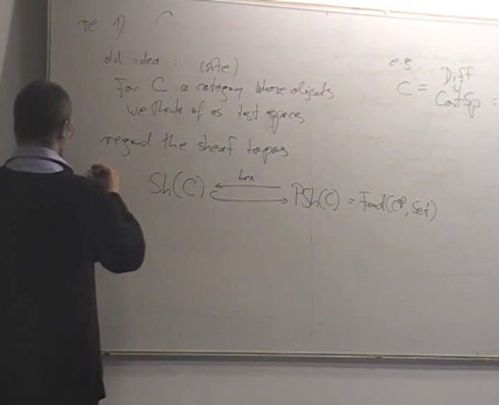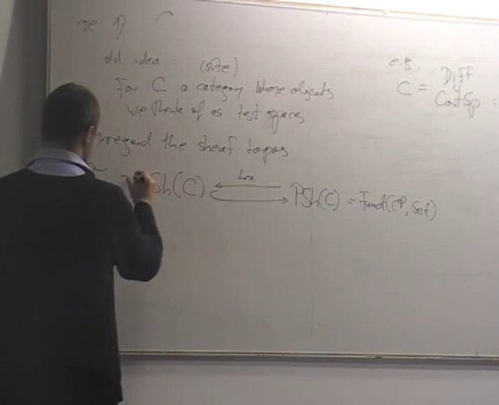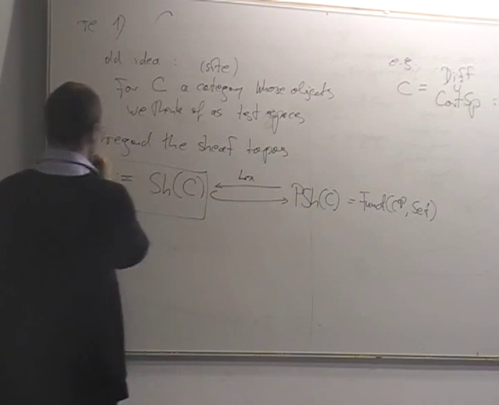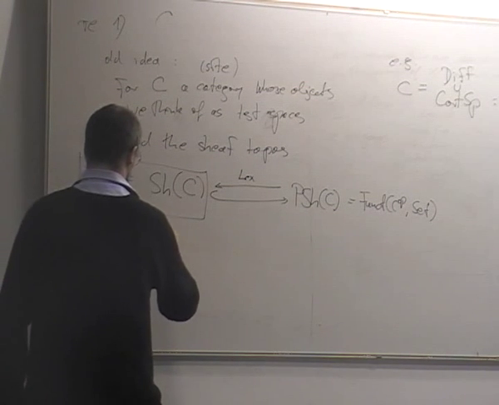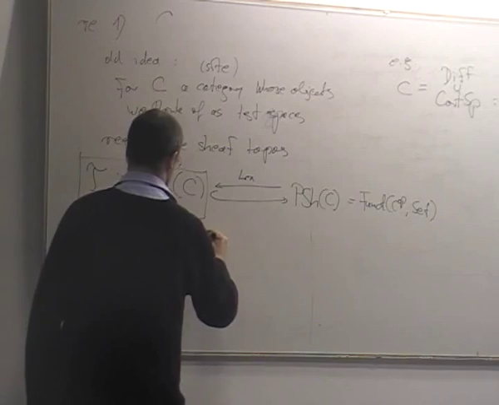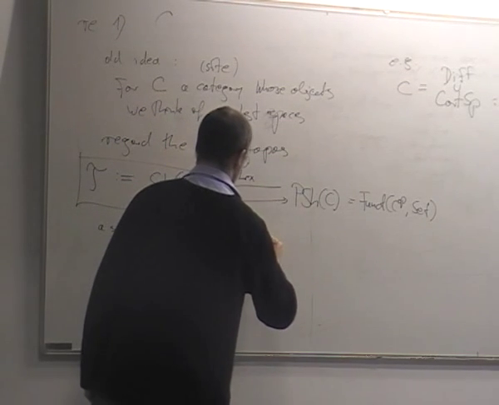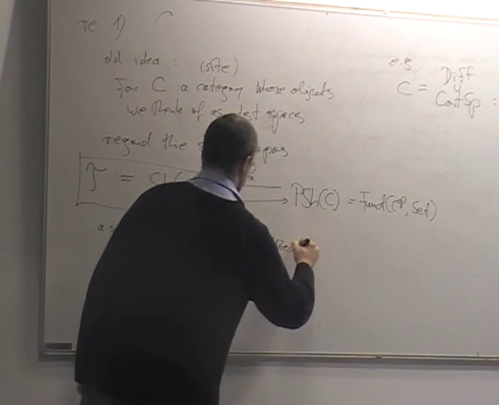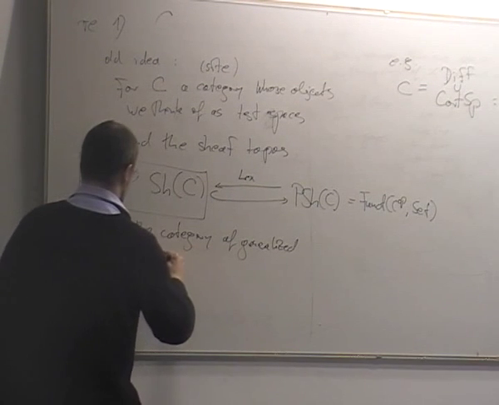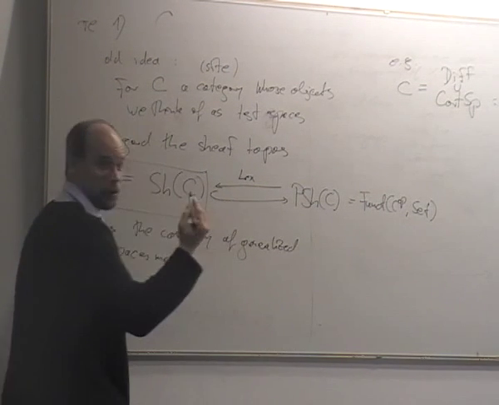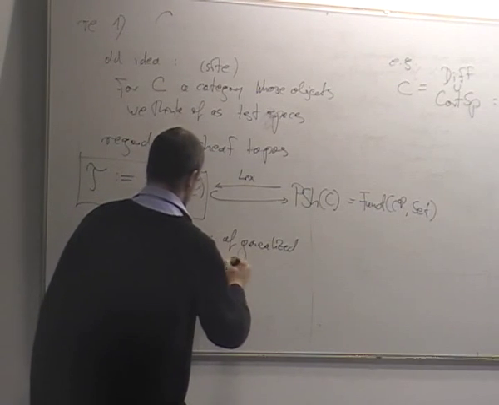And this, I'll call it curly tau, regard the sheaf topos as the category of generalized spaces modeled on the objects in C.